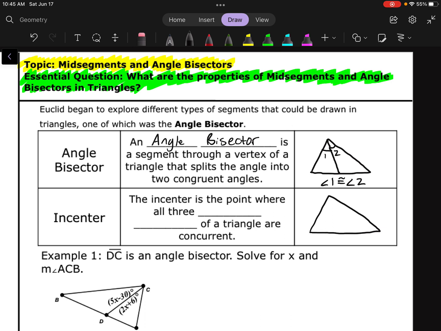This says the incenter is the point where all three angle bisectors of a triangle are concurrent. Concurrent is a fancy word that means that they all intersect at one point. So what we're going to try to do over here is to draw all three angle bisectors. So do your best to draw a segment such that it splits that angle in half.